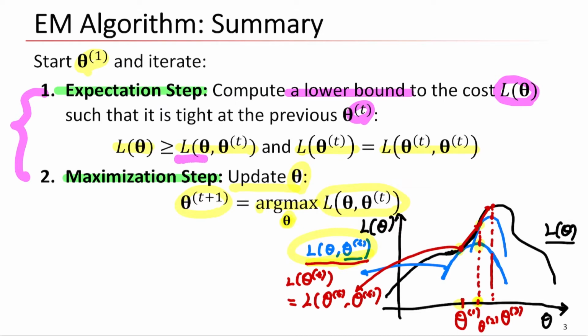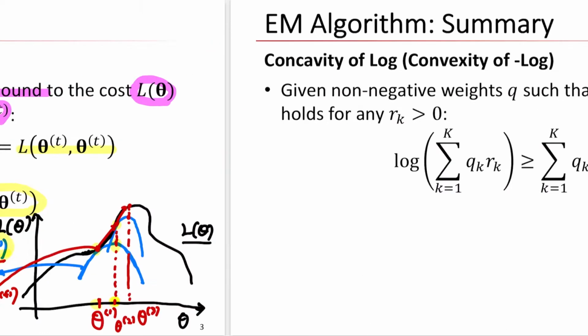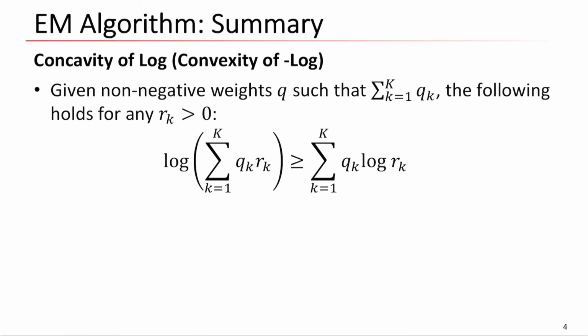So to derive this L of the theta comma theta t, we need some mathematical technique. We call it the convexity of the negative log, or the concavity of the log. Okay, let's see what it is.